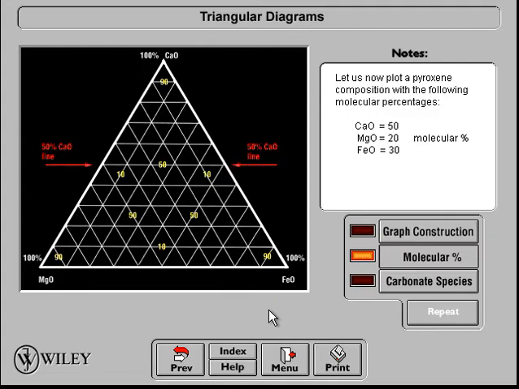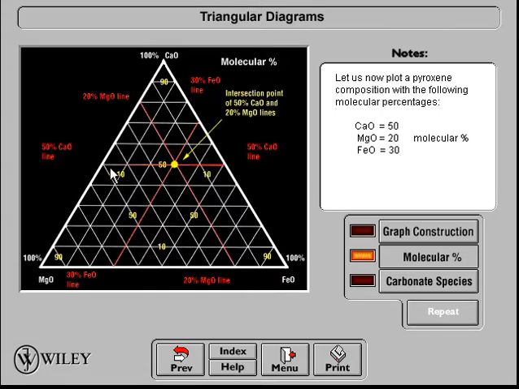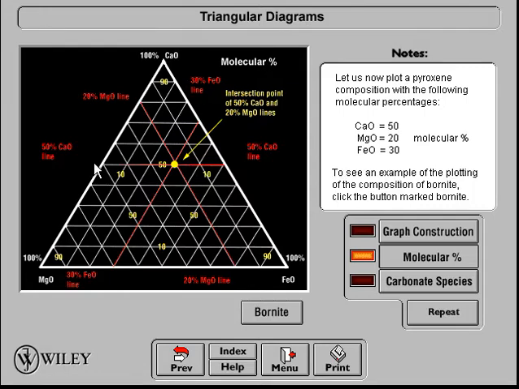So here we have now the 50% calcium line, that is this reddish one. Then the other has put a 30% iron oxide line and a 20% MgO line. So this is now the 50% FeO. This is here the 30%, that is the 50% calcium oxide.